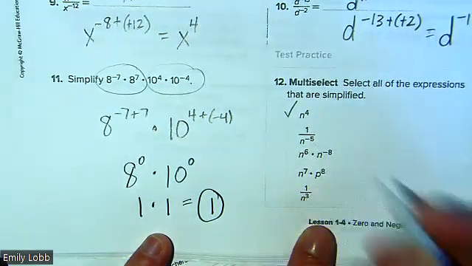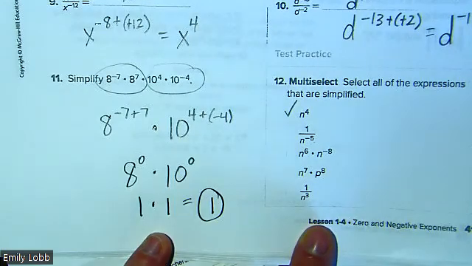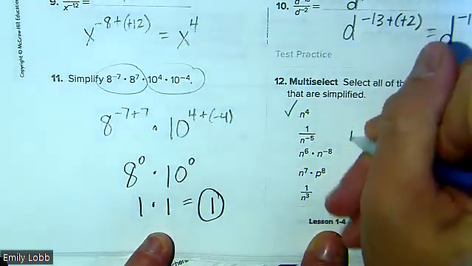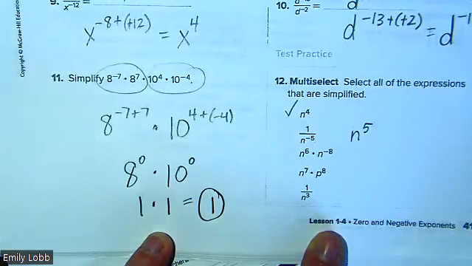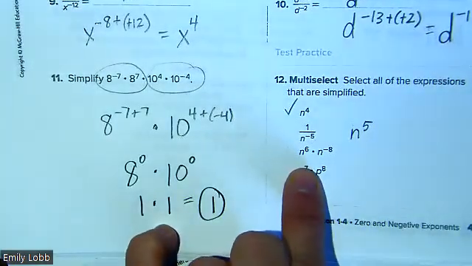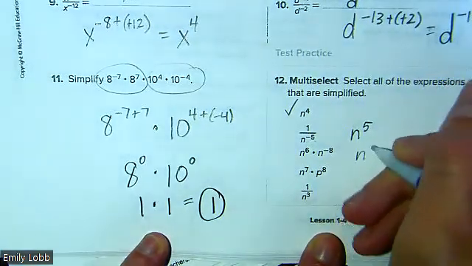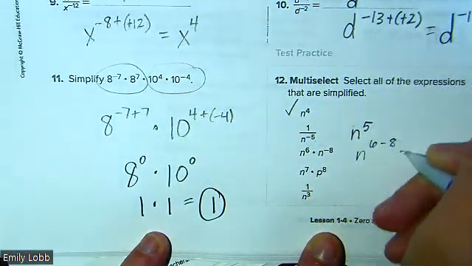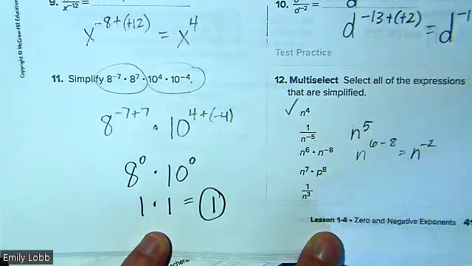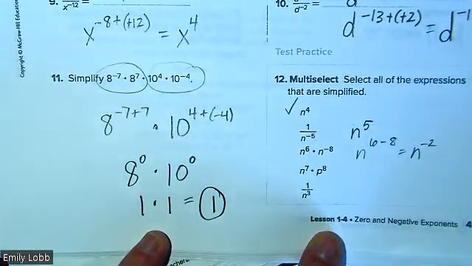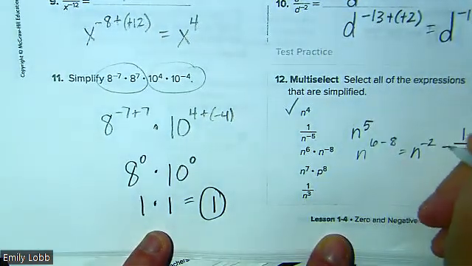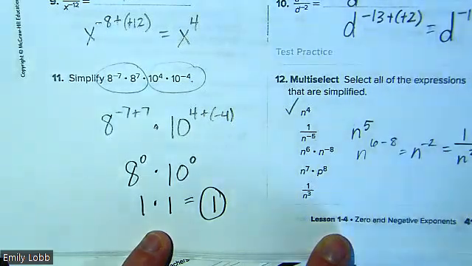How would we simplify this? N to what power? The 5th. How would we simplify the second one? Well, first we would have n to the 6 minus 8, which is n to the -2. Can I allow any negativity? No negativity allowed. That's how we would simplify it.